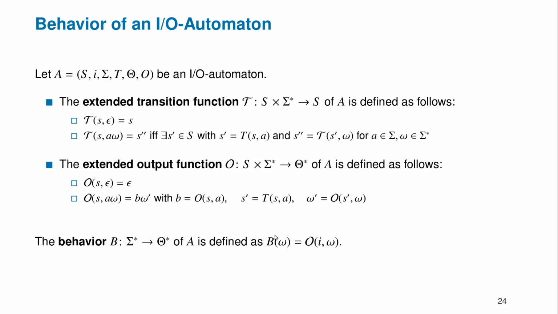So the behavior B of omega is simply the extended output function from the initial state and with the word omega. So we define as the behavior simply the output we obtain starting from an initial state with respect to the given input word. Okay, so let's have a look at an example.